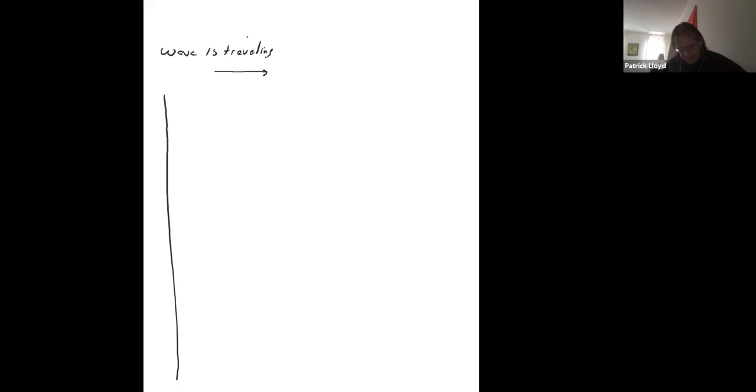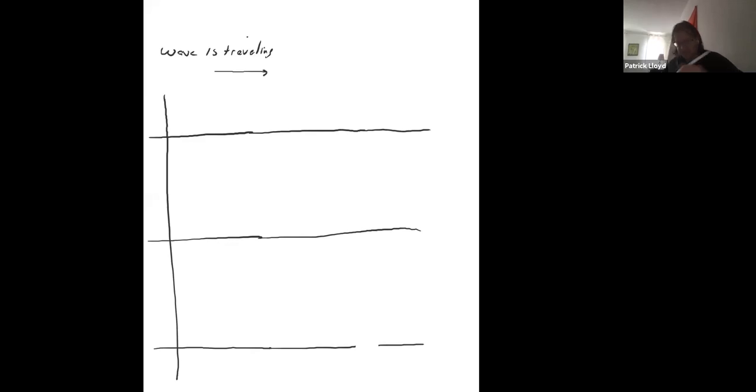Now, let's consider that the wave is traveling. Let's assume it's traveling in this direction here. Okay. So what I'm going to do is draw the wave 3 times if I can, at least part of it.